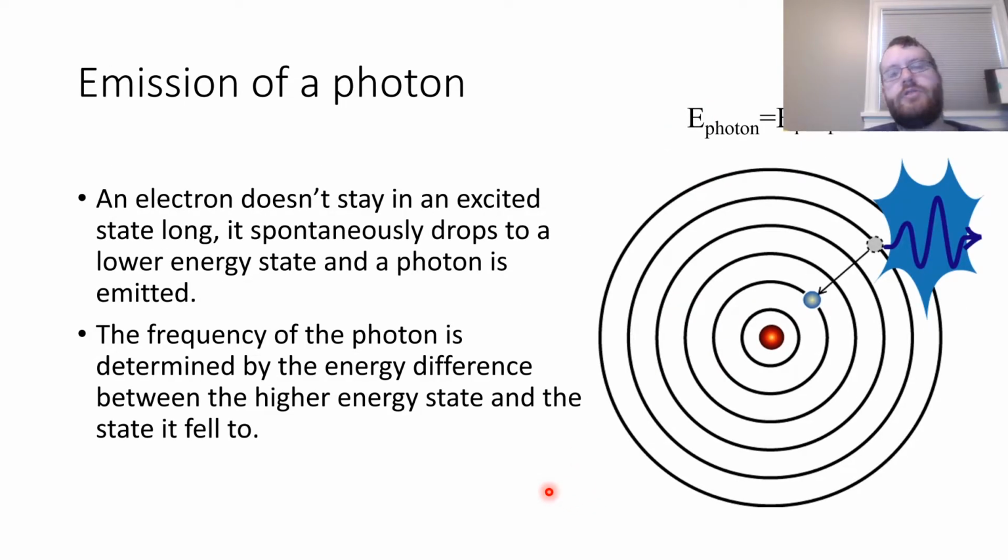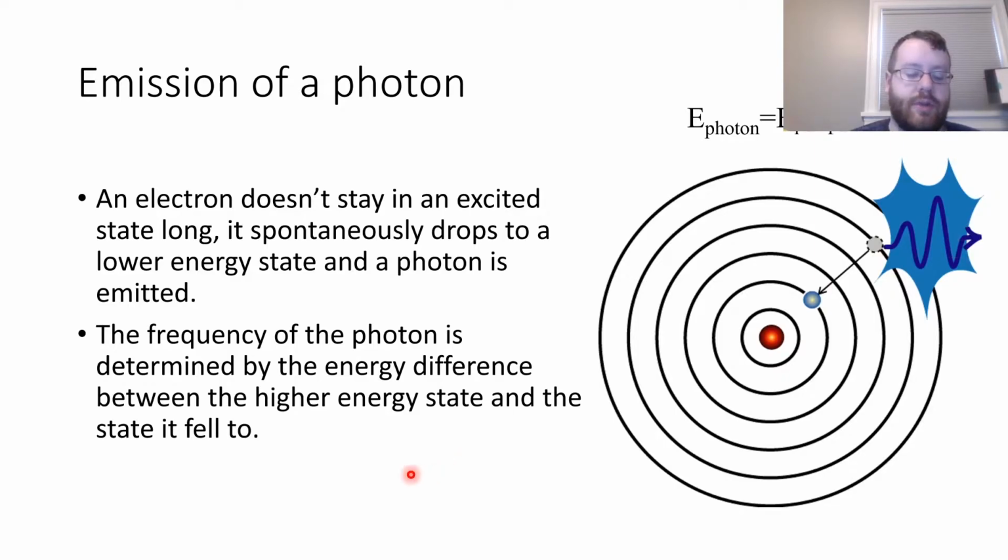Now, when an electron is in an excited state, it will eventually move back down to the ground state spontaneously, which means nothing really has to tell it to do that. It will automatically do that. The classic saying, what goes up must come back down. So as these electrons are excited, they're eventually going to move back down to the ground state. When it spontaneously drops to these states, it will release a photon of light of the corresponding energy.